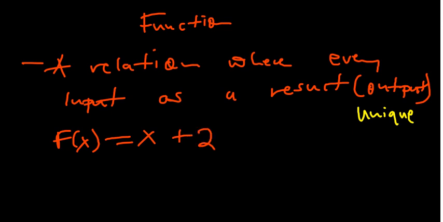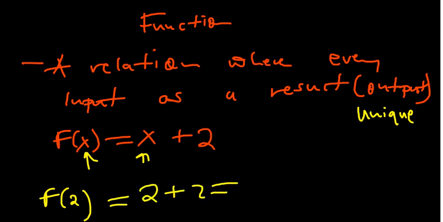If I'm trying to find the value of y, I just plug in the value of x there. So f of 2 is equal to 2 plus 2, giving me 4. That's an example of a function. I don't expect to put the same value 2 in that function and get two different results, because then it's not a function. That's the basic idea there.